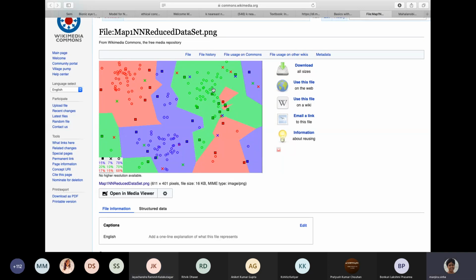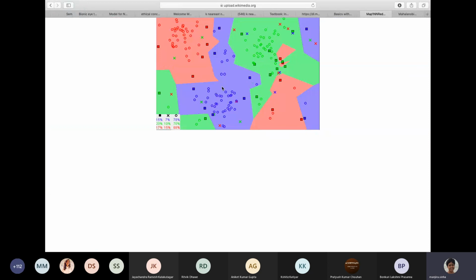Okay. So this is the picture of the K nearest neighbor classification from Wikipedia.